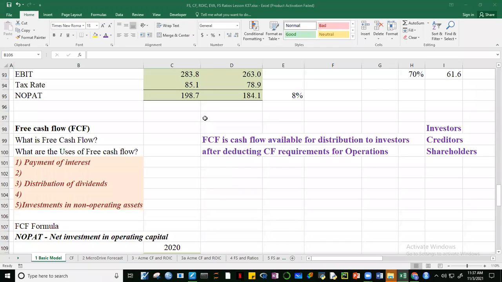Okay, two more, guys. Let's identify two more uses of free cash flow. Anyone else? What about for creditors again?